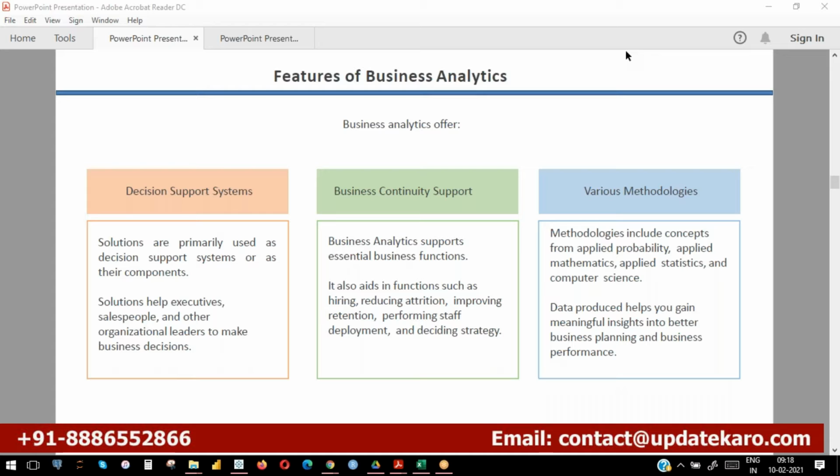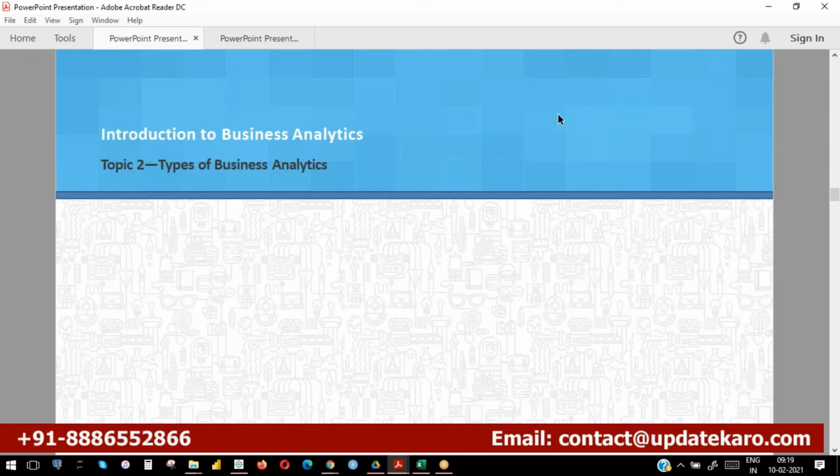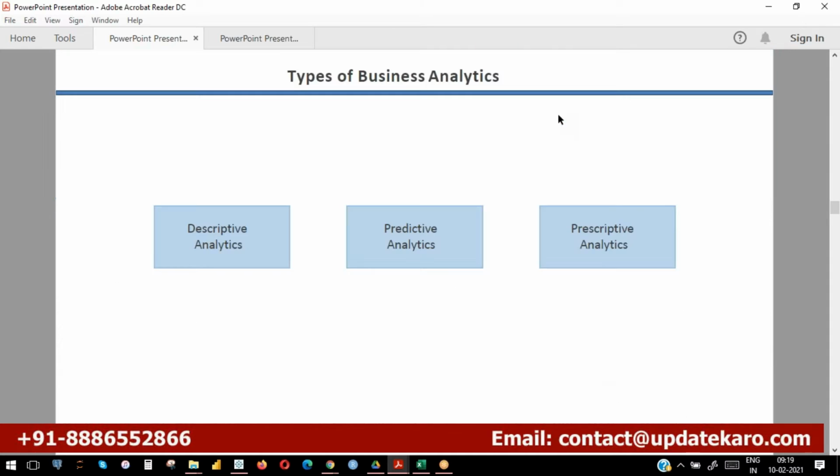So data produced helps you gain meaningful insights into better business planning and business performance. Right? So these are the main features of business analytics. Then moving ahead, for the types of business analytics, we have descriptive analytics, predictive analytics, and prescriptive analytics.